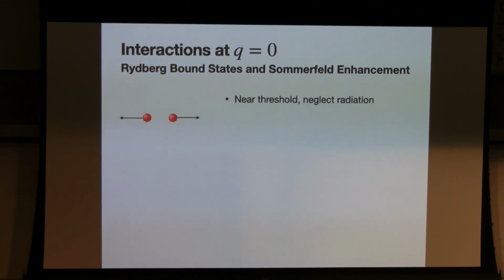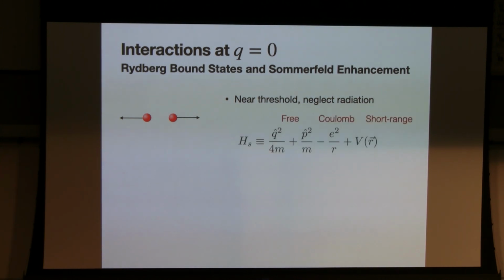Right near the threshold for pair production, the spinons you're creating are slow, if you're just above threshold. And so it's fair to neglect the radiation that you should also create in an interacting theory.